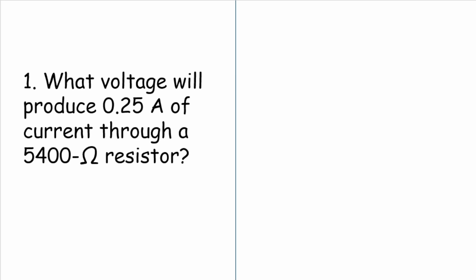Let's read the problem. First, what voltage will produce 0.25 ampere of current through a 5400 ohm resistor? Okay, so we have a resistor here. Let's draw a resistor here, and the current that passes through it is 0.25 ampere.